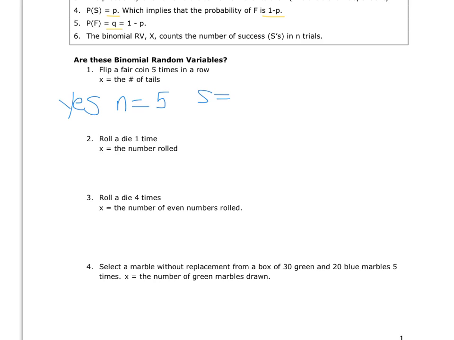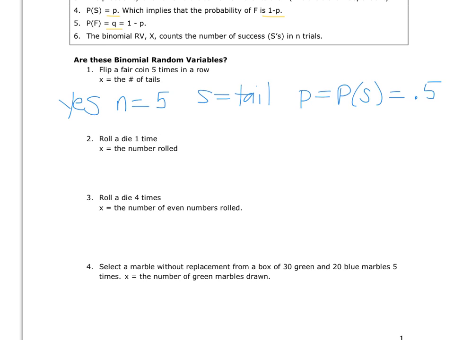So S, or success, is getting a tail when we flip a coin. And the probability of getting a success, the probability of getting tails, is 1/2 or 0.5. Okay, so yes, that one is a binomial random variable, and we've identified the key characteristics.